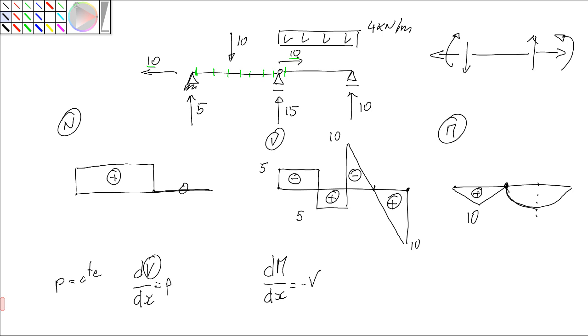This area here is 10 times 2.5 over 2, 12.5, and then between this point and this point it changes by the area of this triangle, which is equal to the area of the other triangle, so 12.5 ends up in 0, and the diagram is finished.